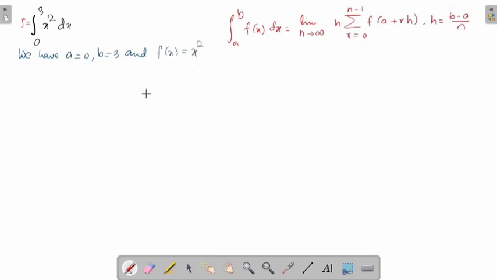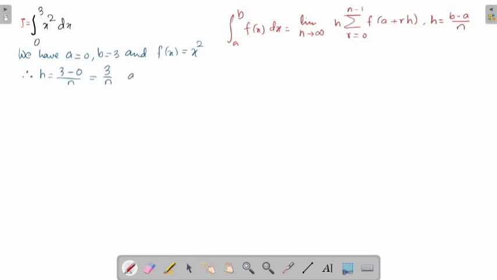That's all we have, right? Now we will calculate our h. Therefore h will be equal to b minus a by n. So b minus a means 3 minus 0 by n, which turns out to be 3 by n.